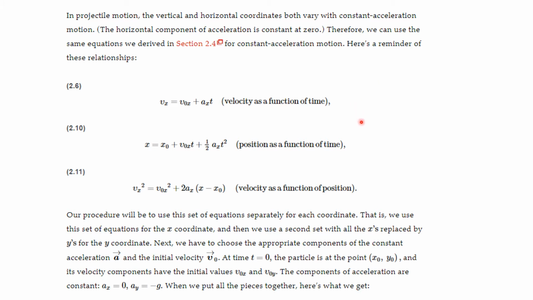So here are three equations that we've used repeatedly in solving LSA 9 and LSA 10. And we have versions of these in the y direction as well. We solve them separately and bring them together in order to answer all the questions.